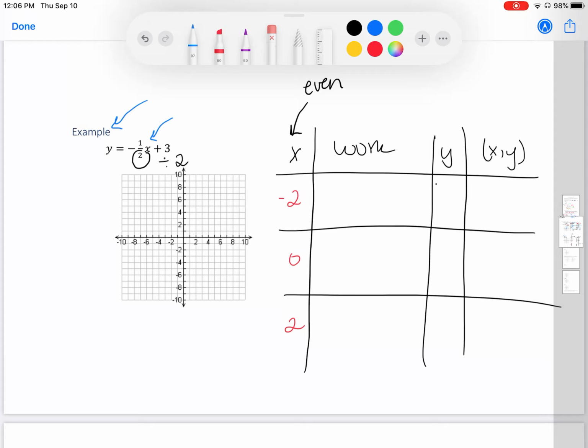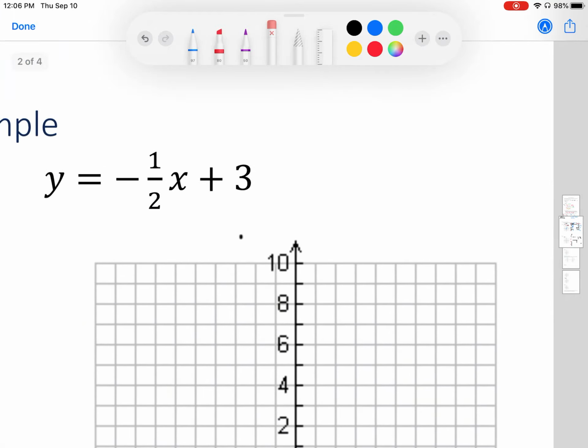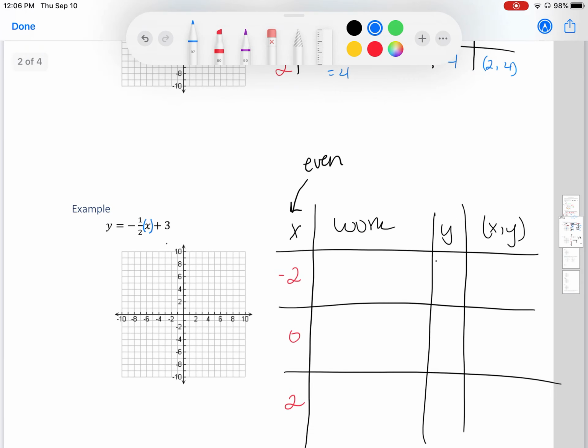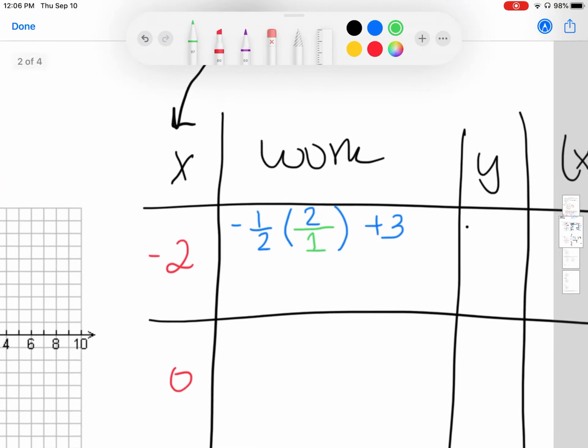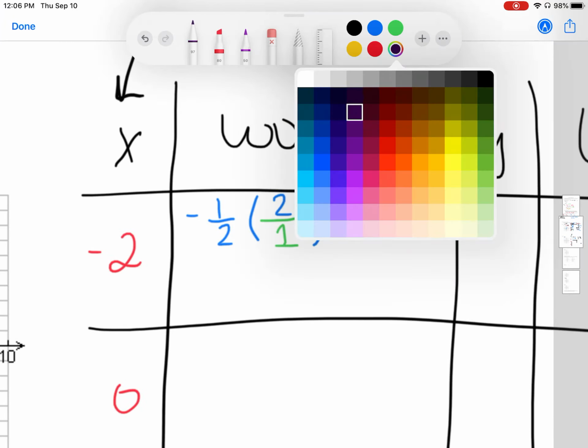So we're going to replace our x with a number that we chose. We multiply, so that we have negative 1/2 times 2 plus 3. Do you remember how to multiply fractions? If you have a whole number, you write it over 1 to write it as a fraction, and then you just multiply across.